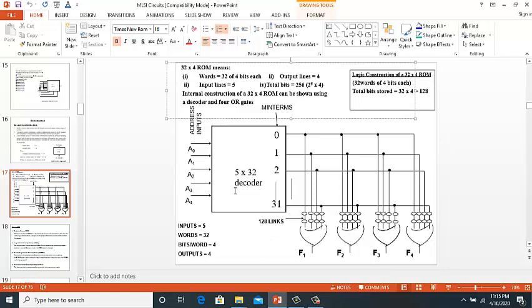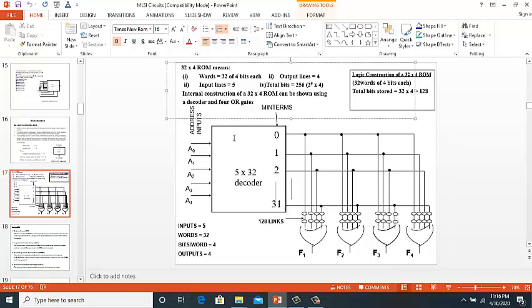Now the ROM is built with the help of a decoder and OR gates. They are in one package. Both the decoder and the gates are in the package. Now since this decoder has got 5 inputs, the outputs would be 2 raised to power n, so the outputs would be 32.